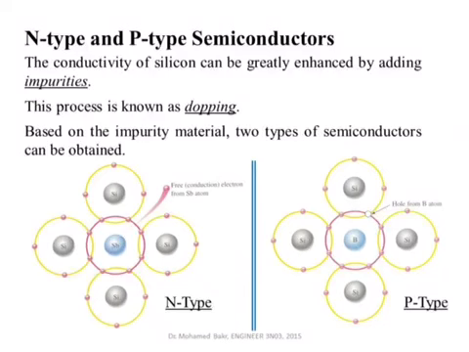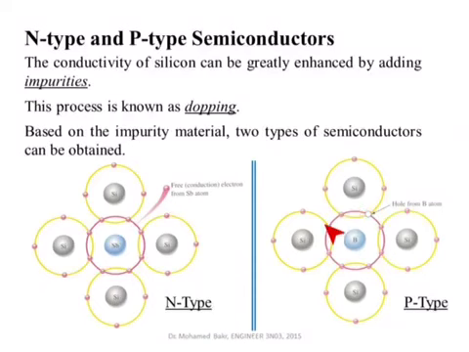While we have here something different, if we introduce a material like boron, and boron has only 3 electrons in its outermost shell. What boron does is that it creates a covalent bond with 3 of the silicon atoms, and there is a hole left in the 4th covalent bond. There is no electron to fill it, and this hole is ready to be filled by another electron.